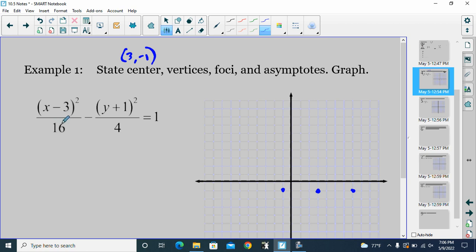Because that is the positive one, those are our vertices. And I know that this hyperbola is going to open this way and this way. So those are our vertices. We can go ahead and list those. Our vertices are at (negative 1, negative 1) and at (7, negative 1).